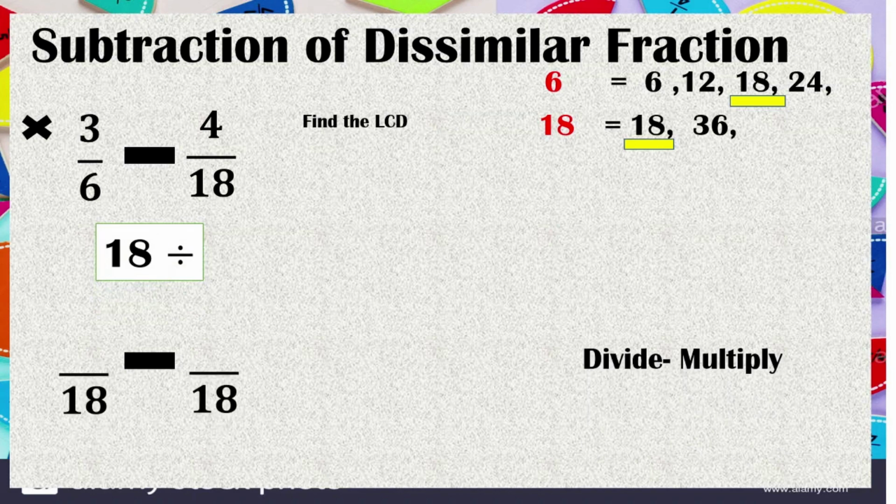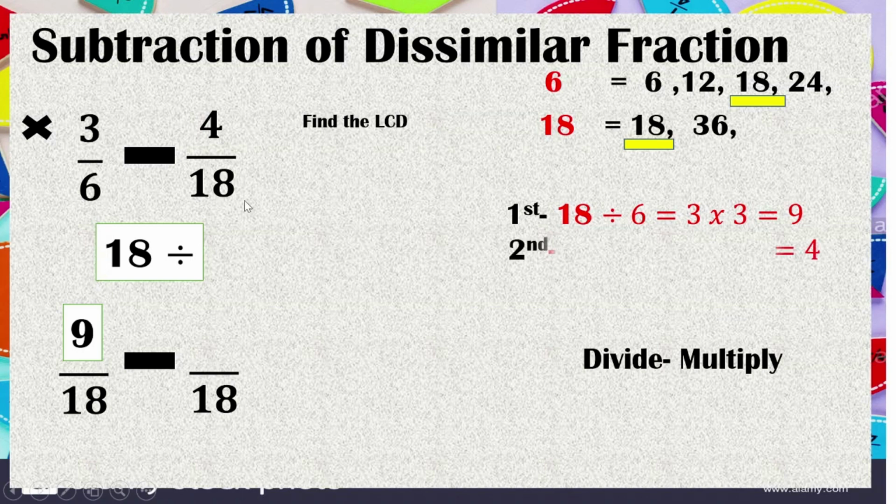Again, let us divide and multiply. 18 divided by 6 is equal to 3 times 3 is equal to 9. Next, 18 divided by 18 is 1 times 4 is 4.